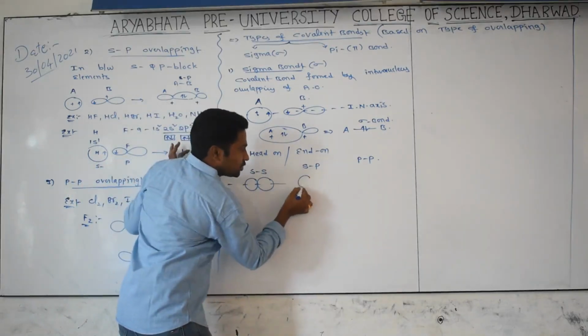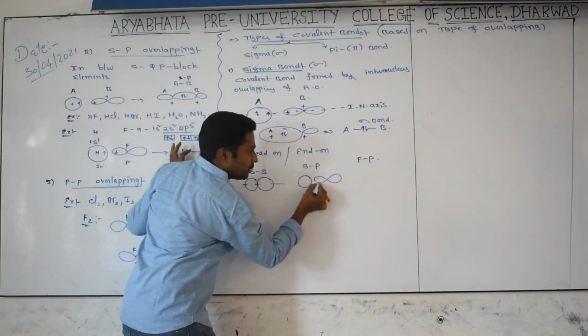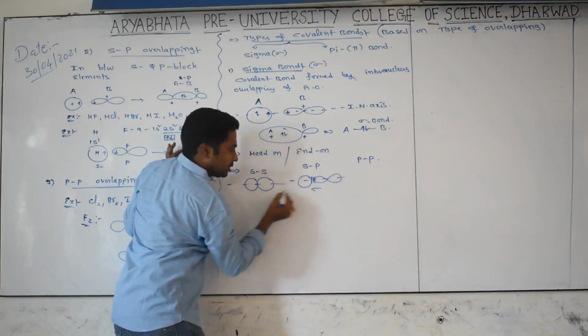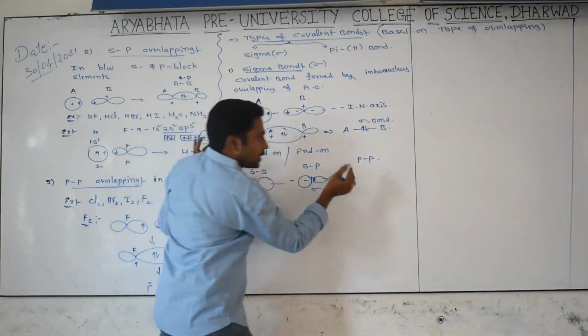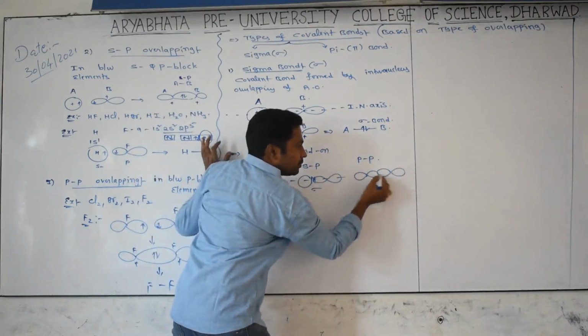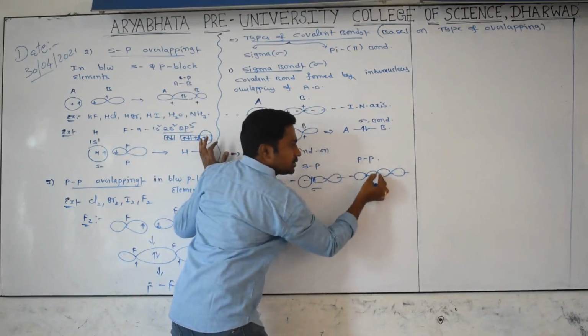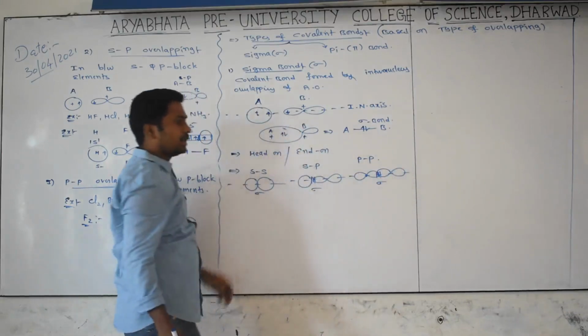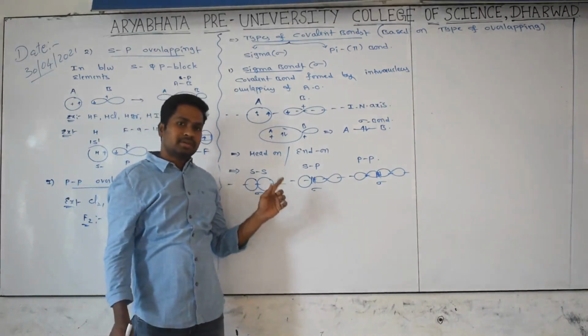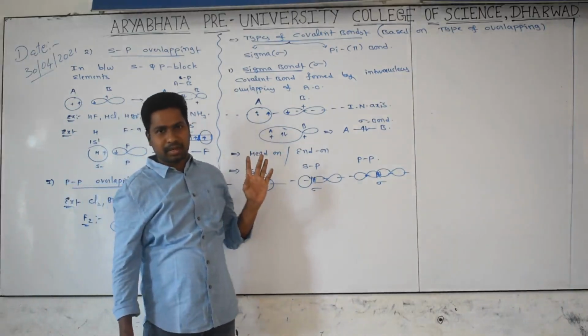And from one atom an s orbital, from another atom a p orbital, along the internuclear axis overlapping happens, then we get a sigma bond. Similarly, a p orbital of one atom and a p orbital of another atom approach along the internuclear axis, then overlapping happens and we get a sigma bond. So sigma bond is formed by s-s, s-p and p-p overlap.